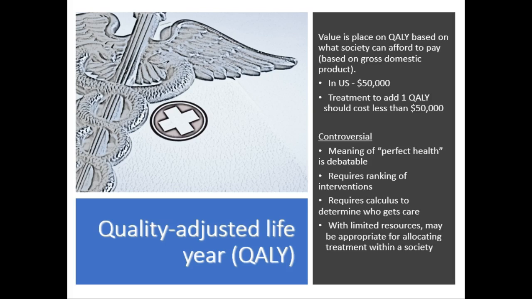Once we've calculated the QALYs for an individual intervention or treatment, how do we place a dollar amount on that? Well, the value is placed on QALY based on what a society is willing to pay, and generally that's based off the gross domestic product. In the United States, it's about $50,000 per QALY. So let's calculate the QALYs times the $50,000 from our example.